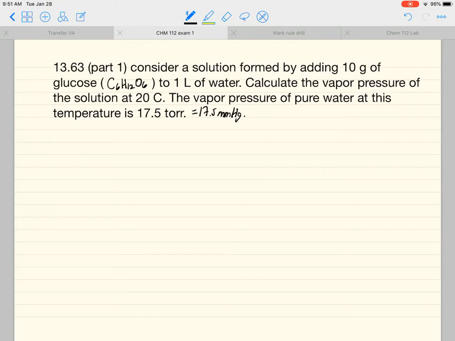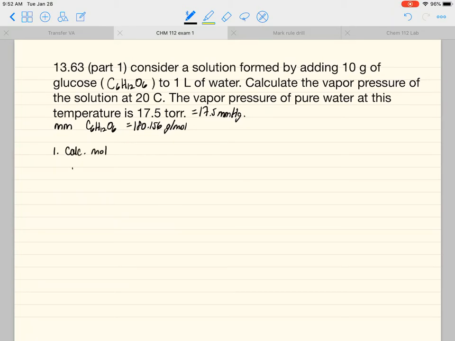So we've got glucose, C6H12O6, and the molar mass of glucose, if you consult your periodic table or your online reference, is going to be equal to 180 grams per mole. So the first step we want to do here is to calculate moles.